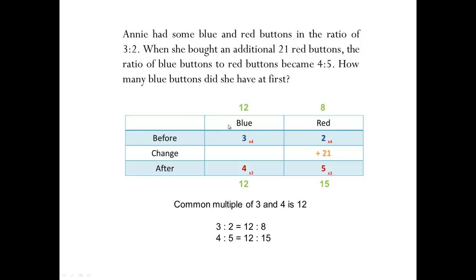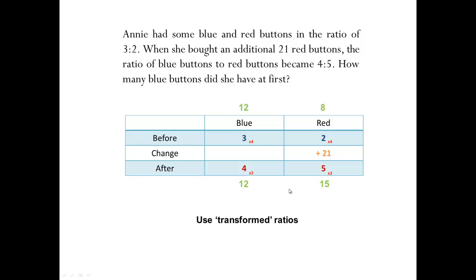This indicates that the blue buttons have not changed. For the red buttons, we have 8 and 15. There is an increase of units. This represents the change. Now a word of caution is that we must use the transformed ratios, that will be the ratios in green, because this represents the true situation of the problem.